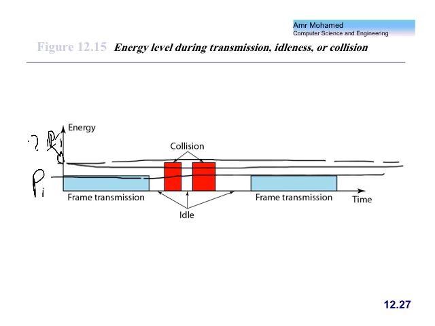Or maybe it could be more than 2, if three or 4 stations are trying to send at the same time. But for me, I don't care. If it's more than 1, it's a collision. Whether it's 2 stations, 3 stations, 4 stations, whatever, it's still a collision. Okay?